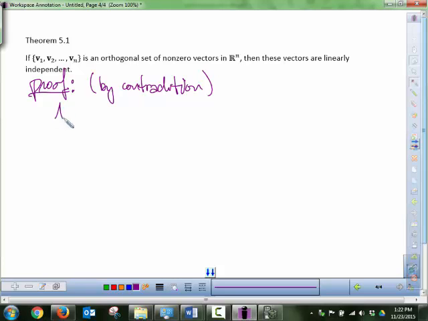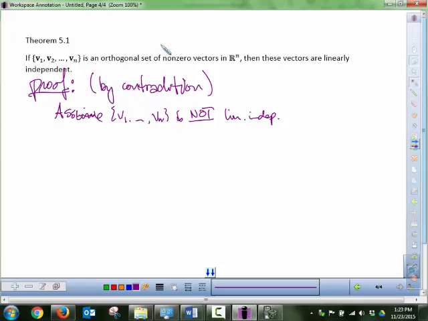We're going to assume that your set of vectors v1 through vn is not linearly independent. And holding true to your condition, we should get a contradiction here.